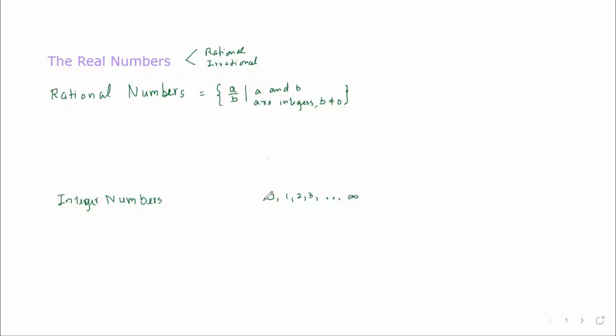And on the left-hand side, it's going to be -1, -2, -3, and so on to negative infinity. So integer numbers have three kinds: zero, which is neither positive nor negative; the positive integers 1, 2, 3, 4, 5, 6, and so on to infinity; and the negative integers -1, -2, -3, -4, -5, and so on to negative infinity.